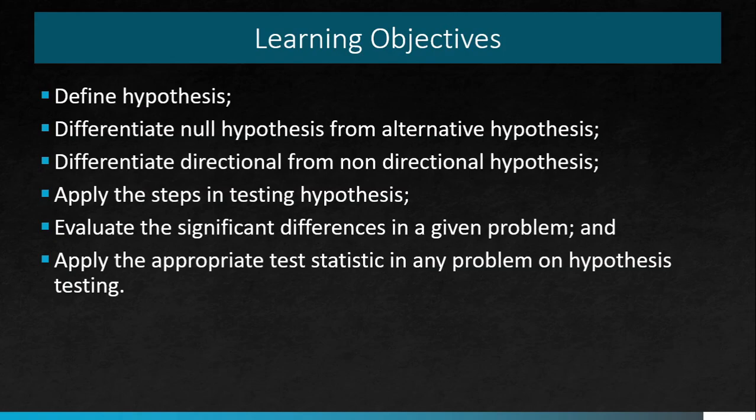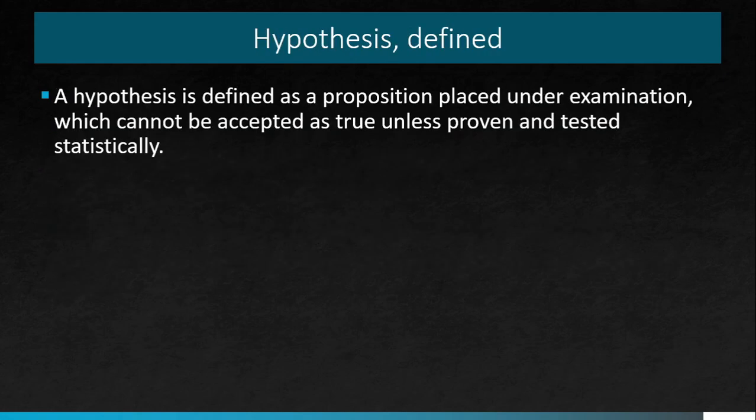And at the end of this six-part series of discussion, I'm expecting that you will know how to apply the appropriate test statistics in a given problem. Okay. Now, without further ado, let's start with the definition of hypothesis.